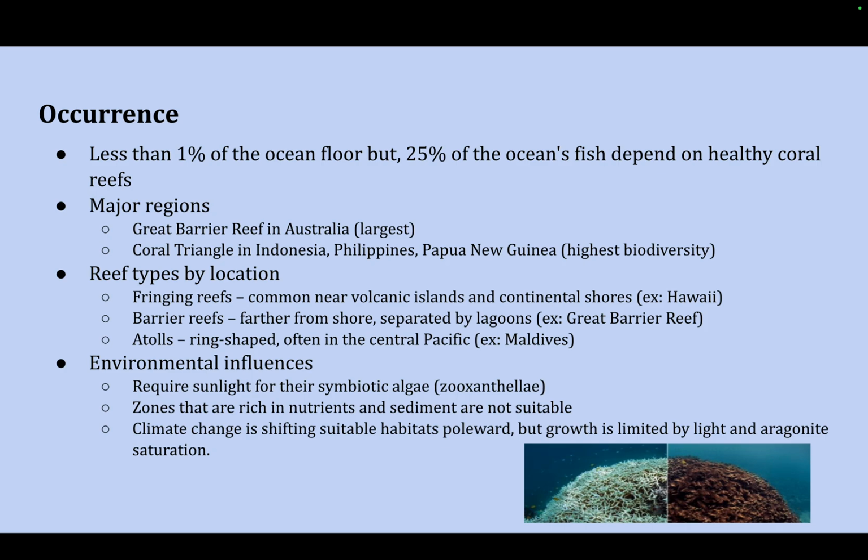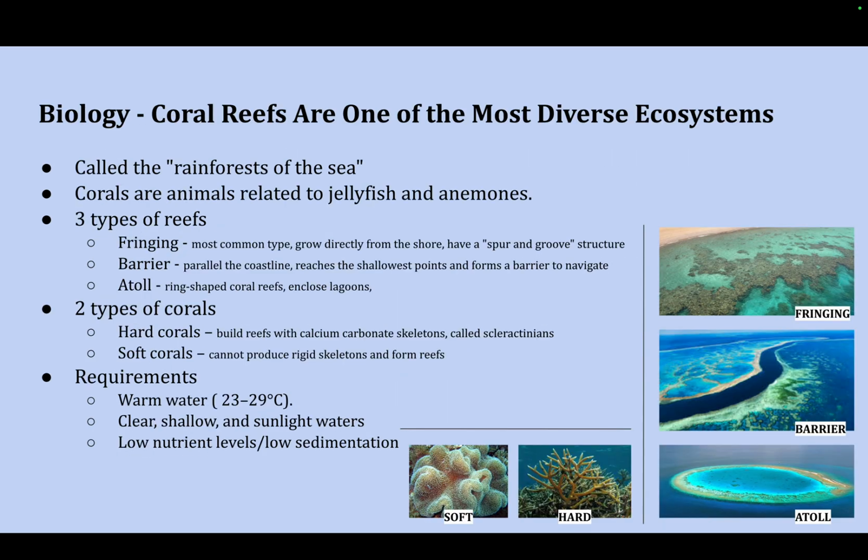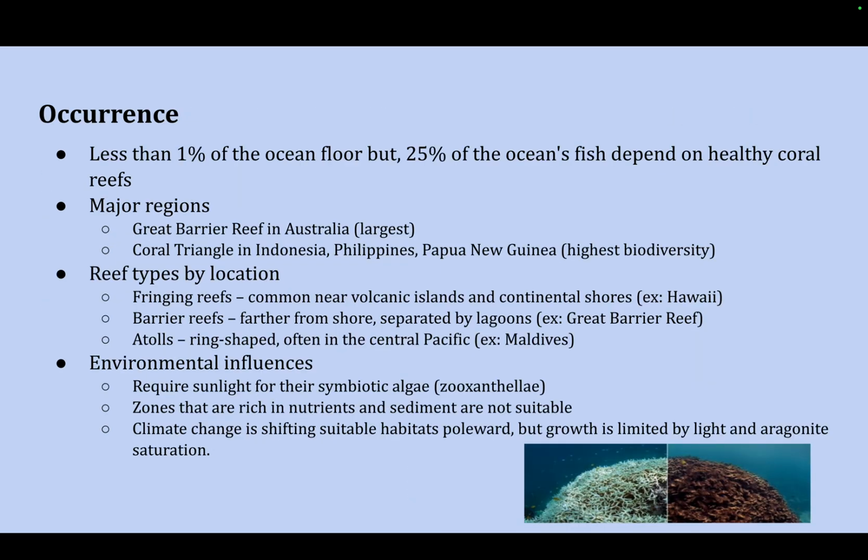The reef types are by location, though. As we learned with the three different reef types in the previous slide, the fringing reefs are common near volcanic islands and continental shores, just like Hawaii, while barrier reefs are farther from the shore and they're separated by lagoons, for example, the Great Barrier Reef. Lastly, atolls are the ring-shaped ones, and are often found in the Central Pacific, like the Maldives.